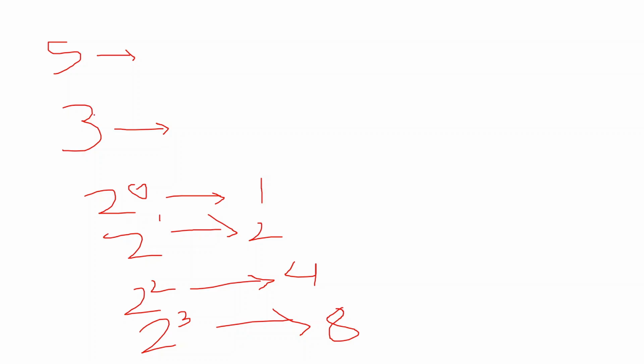So 5 falls under this, because if we see now, let's just place these numbers. From ascending order to descending order we need to place. So 1, 2, 4 and 8. So these are the numbers.